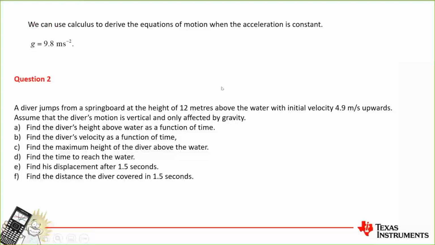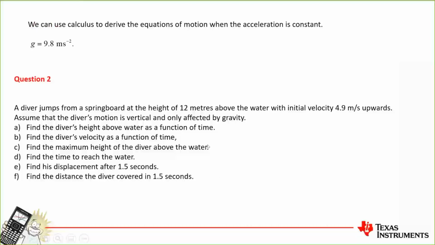Sometimes the vertical motion can be just under gravity, where the gravitational acceleration is always downward, and it's 9.8 meters per second squared, and this value is always given on your exam.